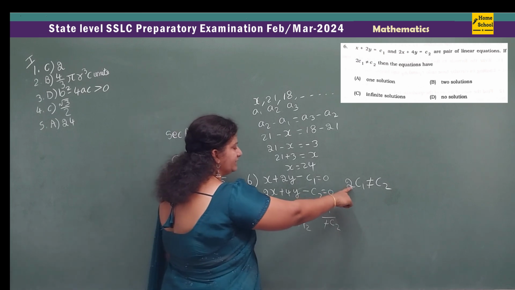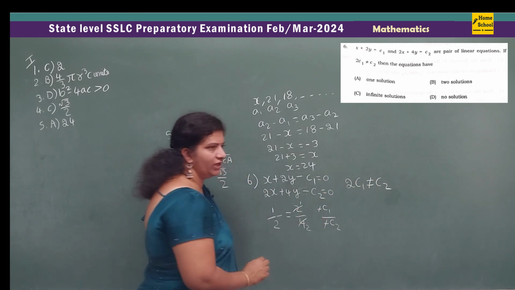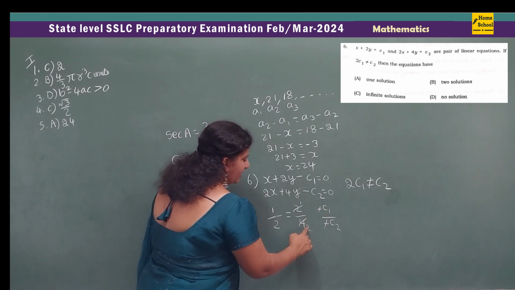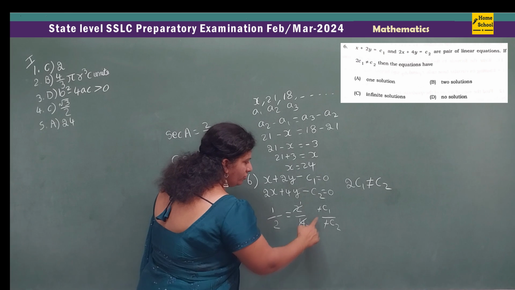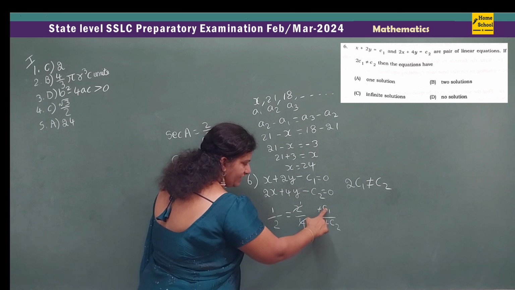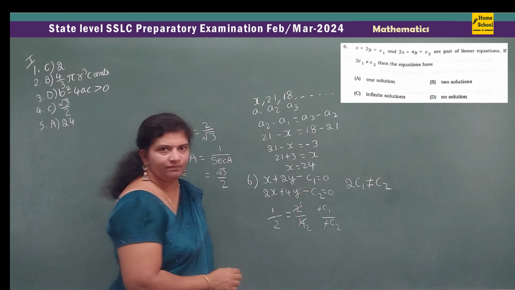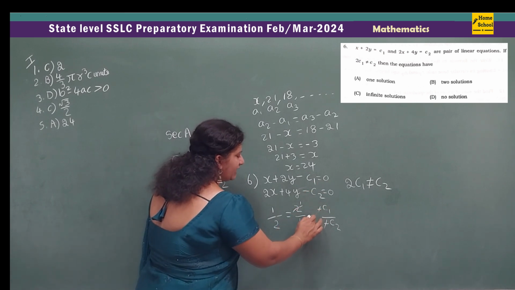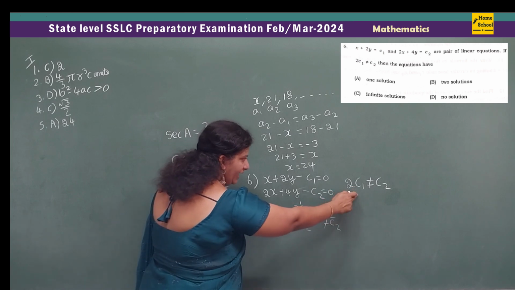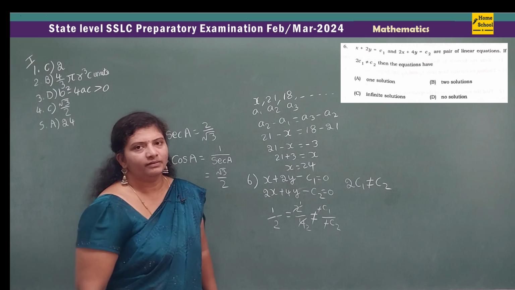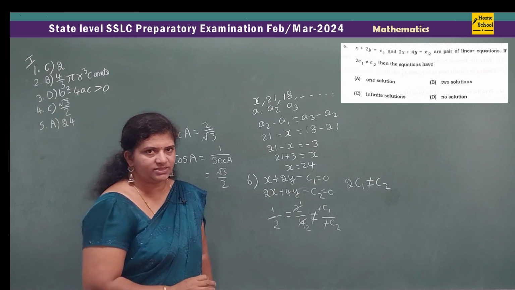And see the condition here, 2C1 is not equal to C2. That means if you cross multiply here, 2C1 is not equal to C2 into 1, which is C2. That is given here. That means we should write a not equal to sign in between.